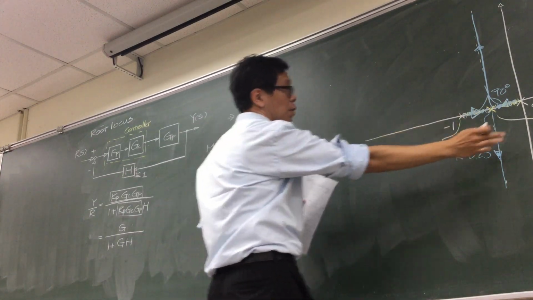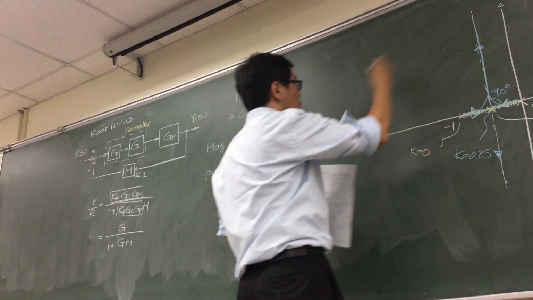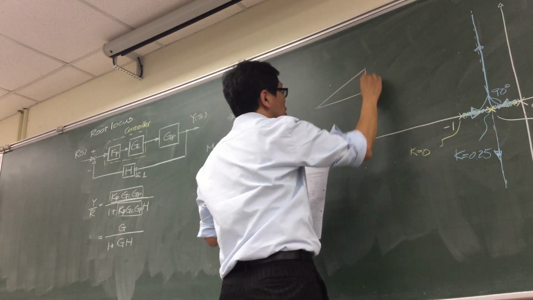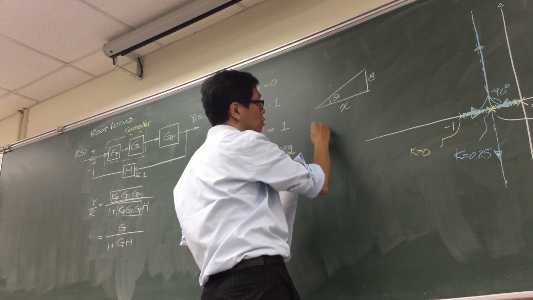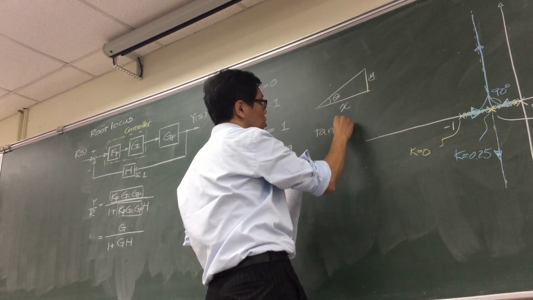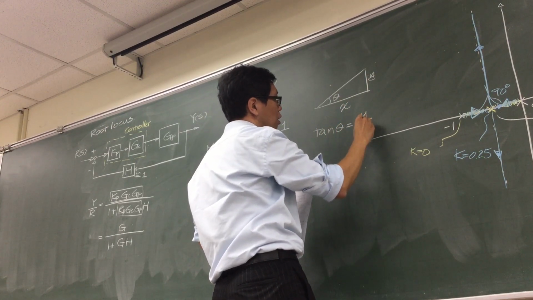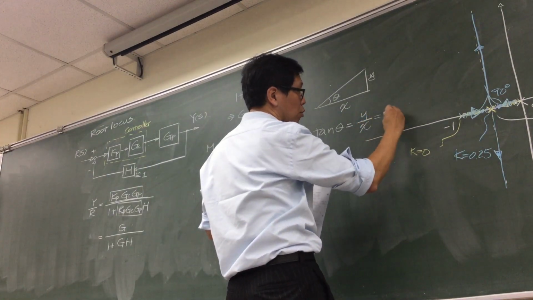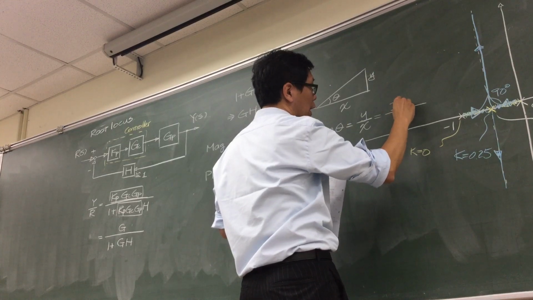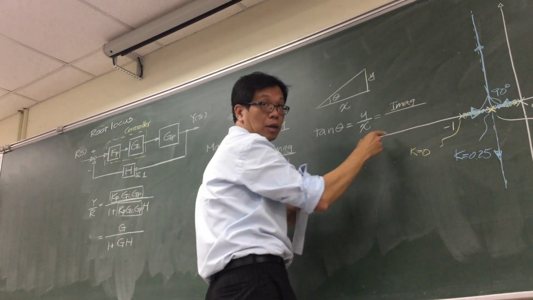Because keep in mind, I have real, I have imaginary. This is the y value, this one is the x value. Tangent theta equals y over x. When we are dealing with the s domain, the y-axis is what? Imaginary.